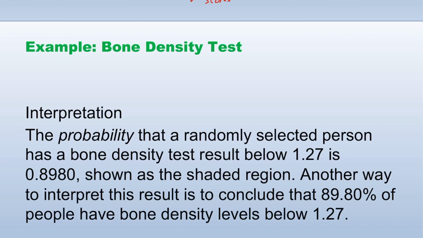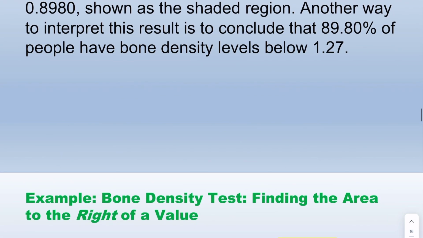So if I had 1 million people with 1 million bone density scans, the probability of finding somebody whose bone density was less than 1.27 is 89.80%. So it's not wrong to conclude that 89.8% of people have a bone density level below 1.27.